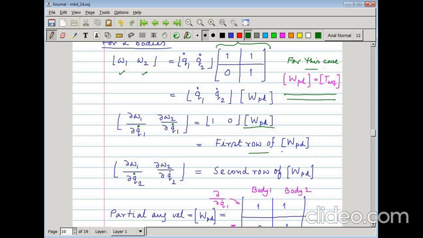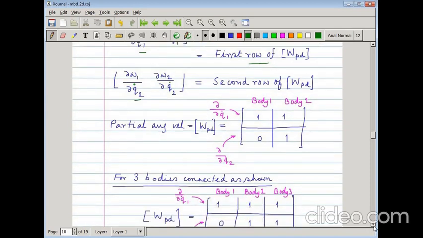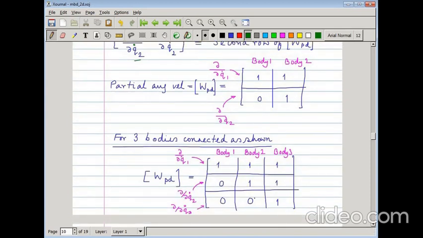So now that means this is the partial angular velocity. That means the angular velocities are differentiated with respect to q1 dot and q2 dot. So partial angular velocity is WPD. So for 3 bodies it would be simply this.